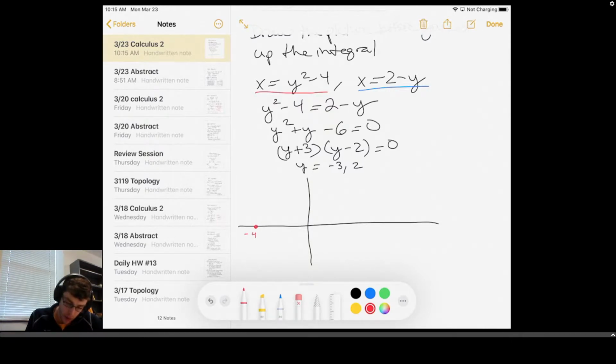And we know that it's going to hit x equals 0 at y equals plus or minus 2. And then it keeps going, and when y equals 2, you can figure out what exactly you want. So I guess that's all we need, because this is our right endpoint.